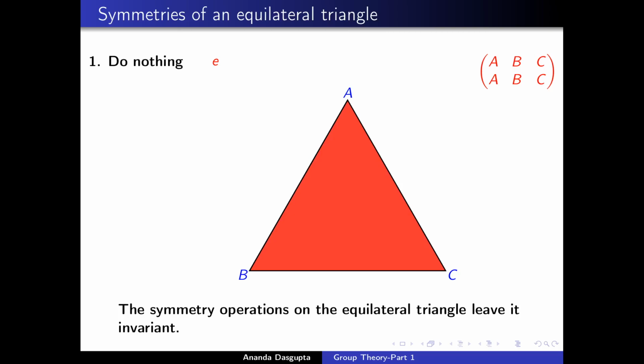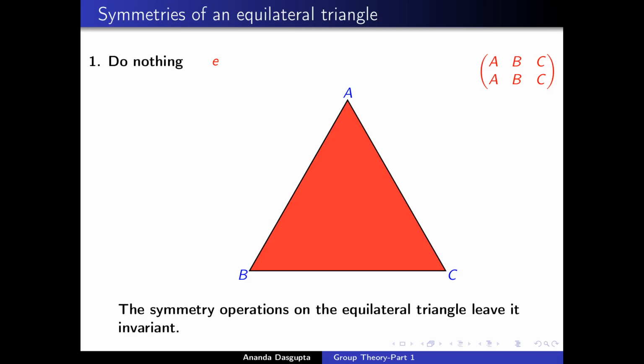So A, B, C, none of them change under the identity. Of course, that's a rather uninteresting symmetry operation, although we will see that uninteresting does not make it unimportant. The identity is a central thing in the mathematical theory that's going to follow.